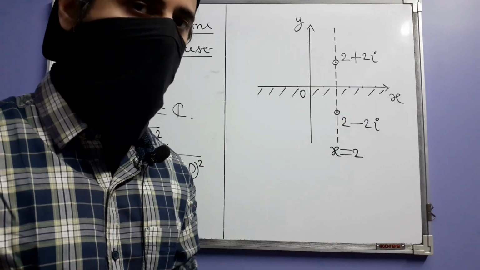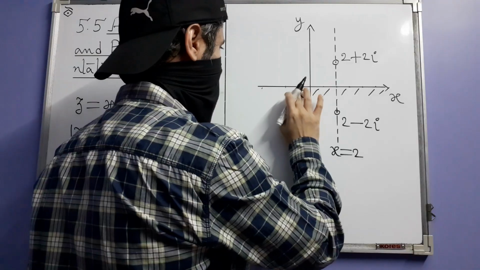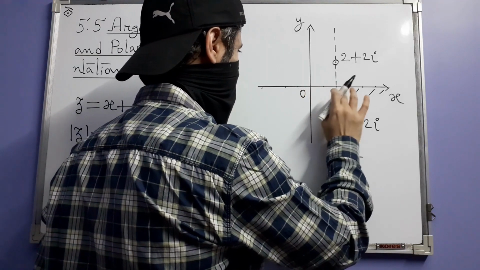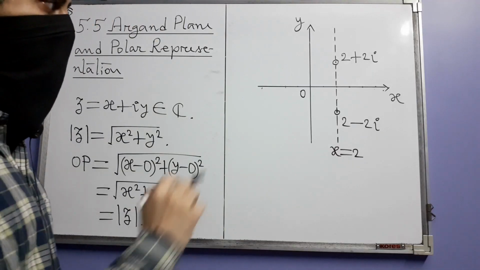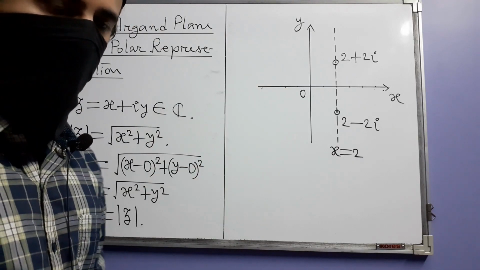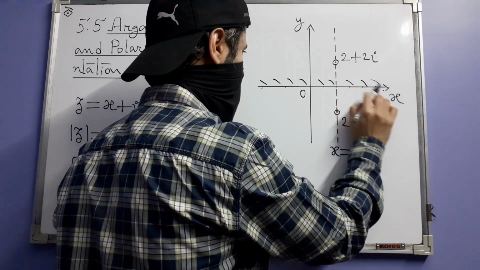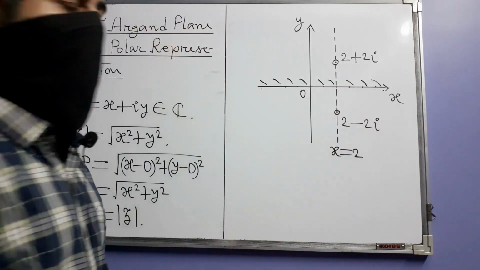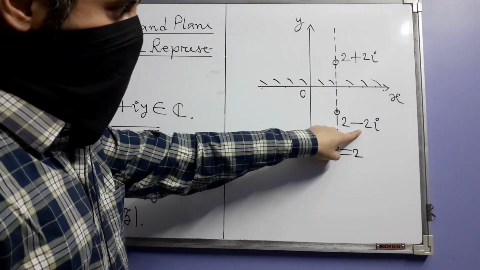Now if you change the perspective, say your original complex number is 2 minus 2i, which is looking into the x-axis, which is again a plane mirror but now facing this complex number. Then what is its complex conjugate?